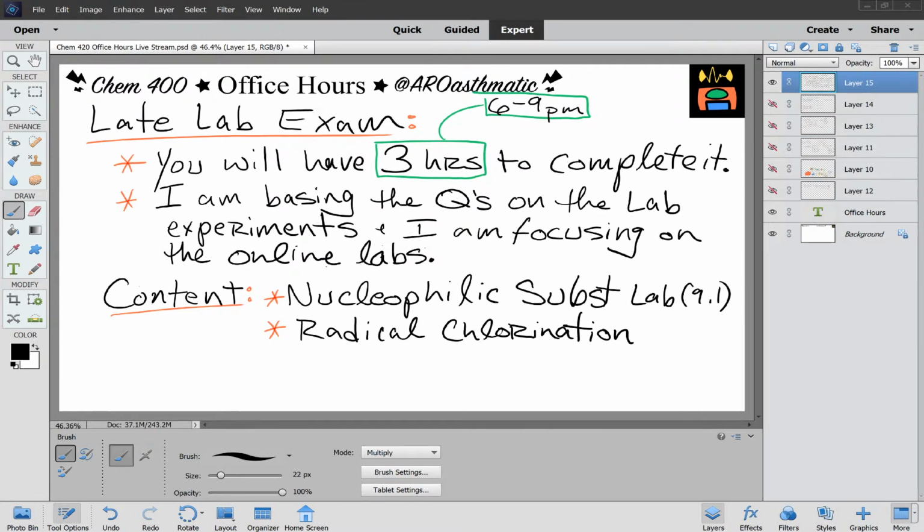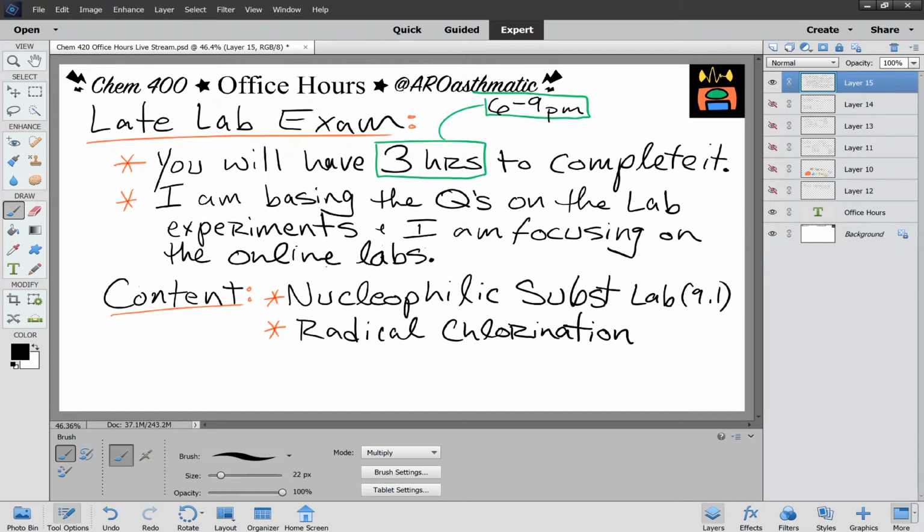So I'm trying to come up with creative ways to test on this. If you're wondering what you should review, these are the 2 things so far. As I know more, I will totally post more on our Canvas page. I'll post more specifics about turning in the material.